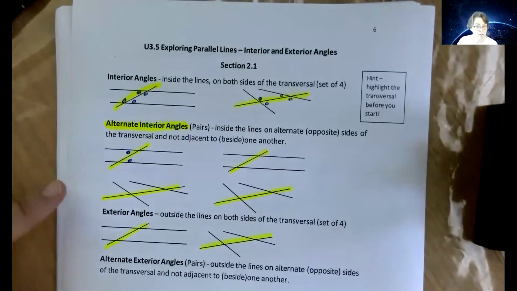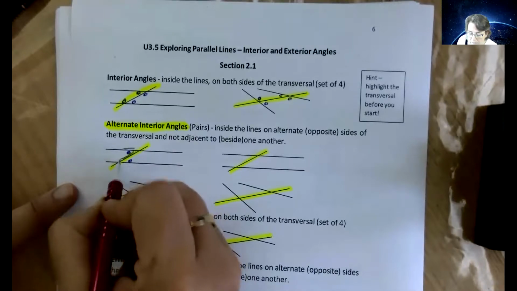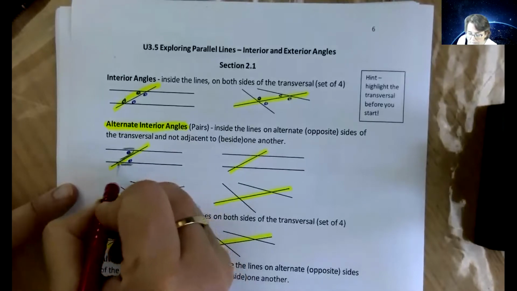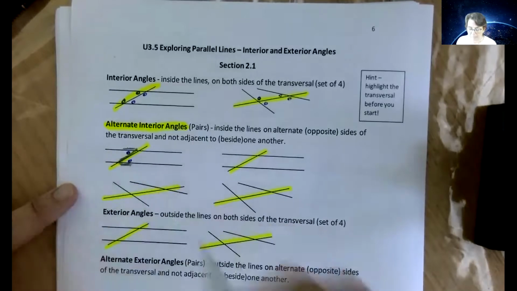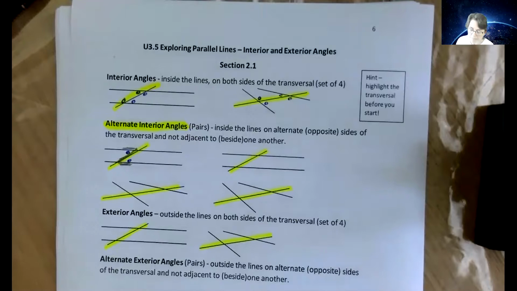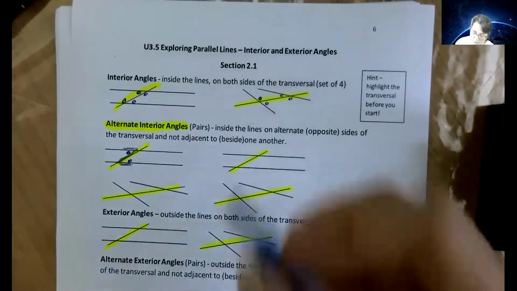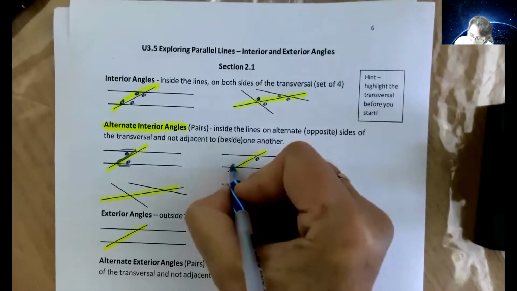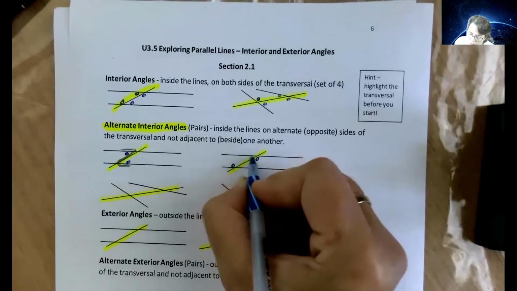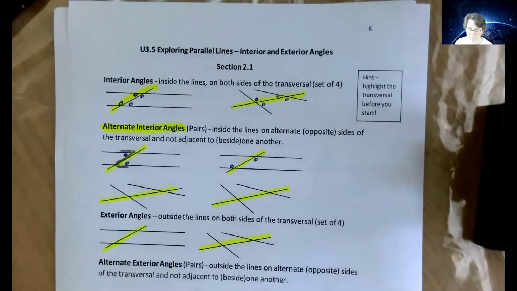I was looking on a website and they said they kind of form the letter Z, like that. So there's one set there, and then there's also another set over here. And the same thing if you want to draw that set in there. This one's easier to see. Okay, that's what it looks like.